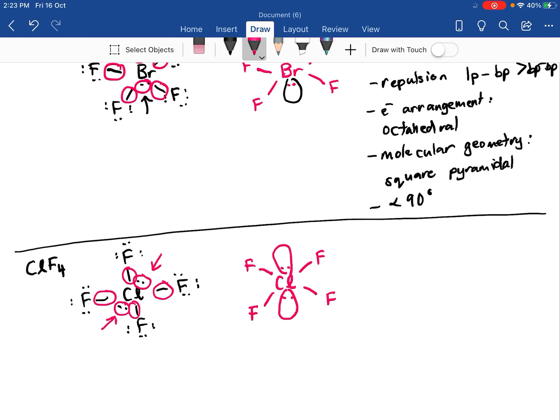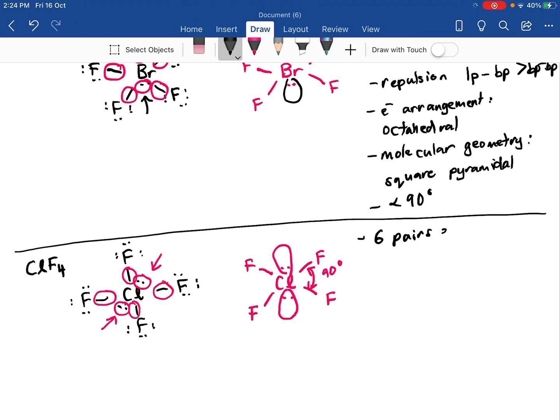Since we have two lone pairs but in opposite directions, the bonding pairs become equal again because they are being pushed equally from opposite directions, which will make it 90 degrees again.